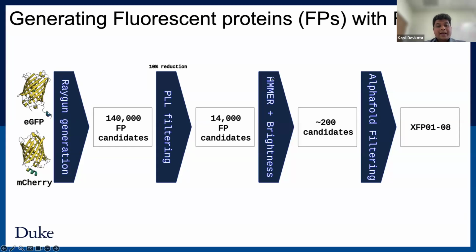Then we used JackHMMER and another brightness tool that we created using the FPbase data to figure out which of the candidates preserved their domain, and sorted them based on the inferred brightness. Finally, we used AlphaFold based pLDDT scores to do final filtering and generated 8 candidates.